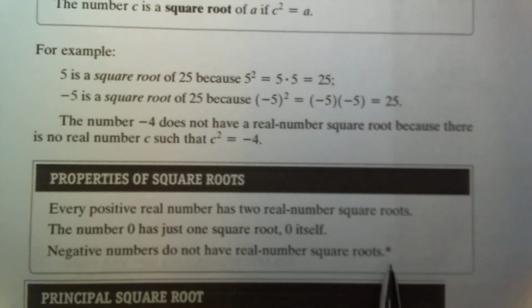Later on in section 6.8 we'll modify that somewhat, but right now, for the time being, negative numbers do not have real number square roots. I mean, the real number part is still applicable in any case.